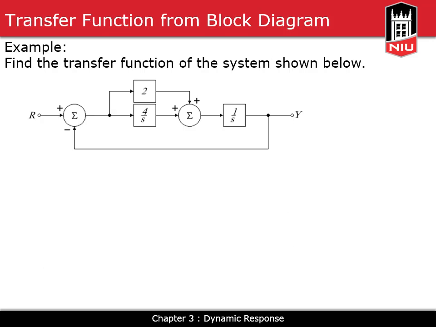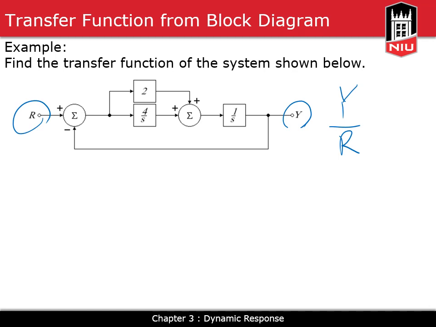Here's an example of finding the transfer function of the system shown with this block diagram. Now you can see that by transfer function, I mean we need Y over R, output over input. The output, the input. We need Y over R. In order to start writing mathematically what each of the signals will be equal to and then trying to get to Y, we can simplify the block diagram using the simple rules we learned about.